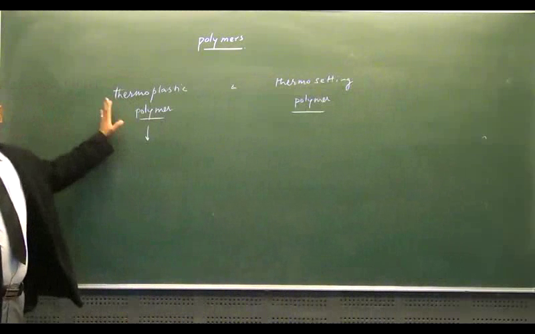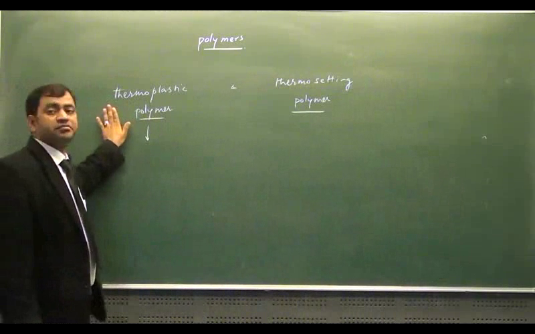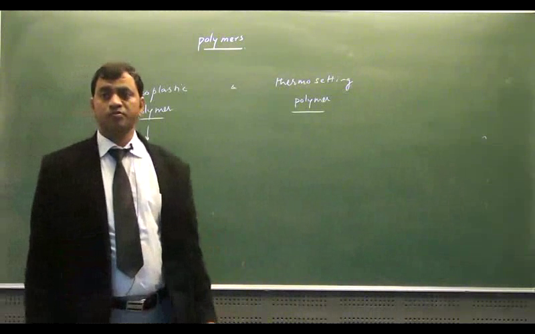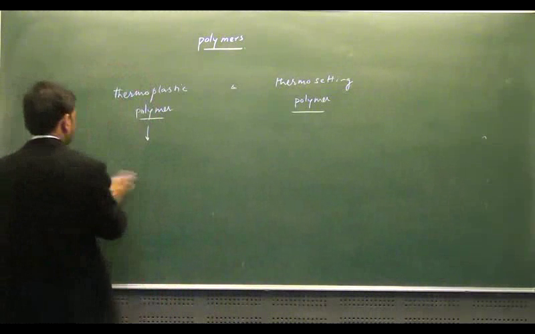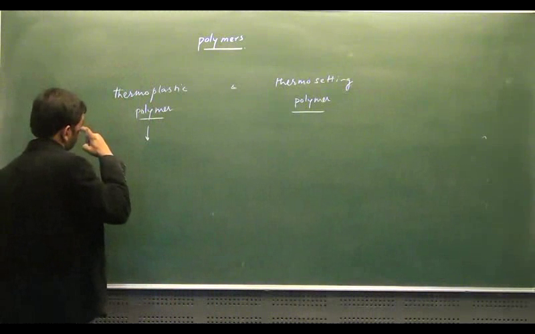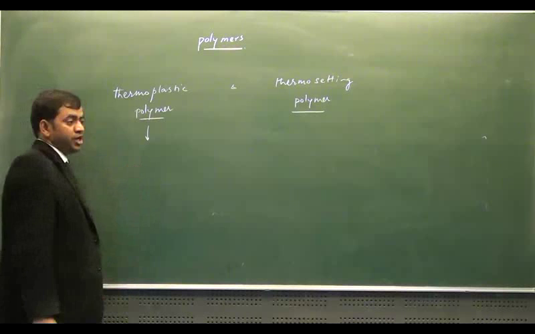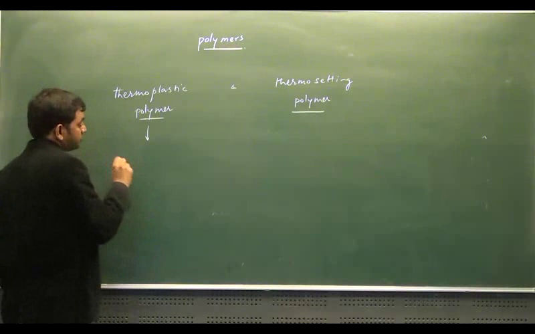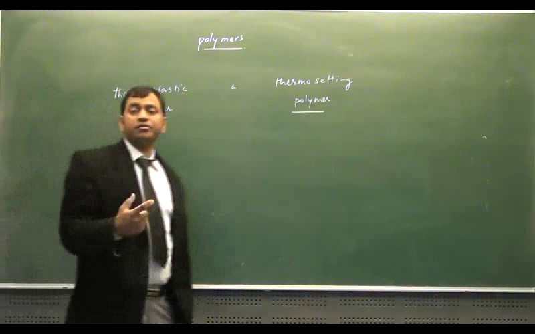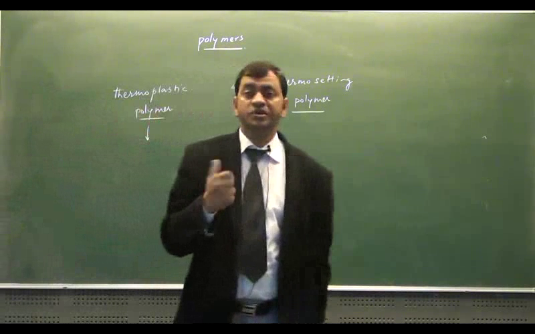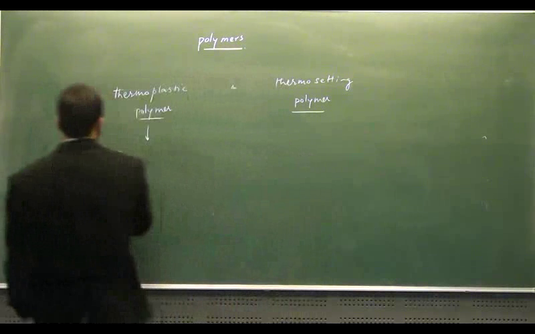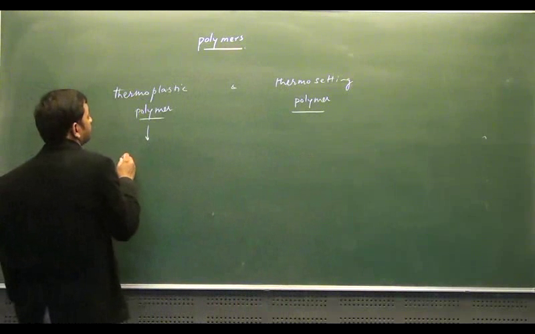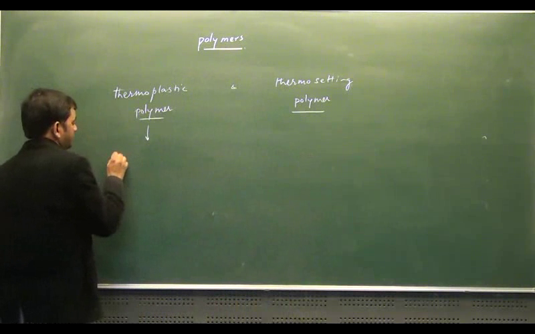It is not disturbed by taking the temperature up or on heating. These polymers can be changed into another shape. A polymer which can be melted and converted into another structure or shape is called thermoplastic. Example: PVC.